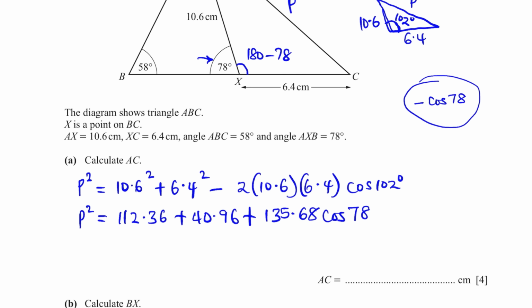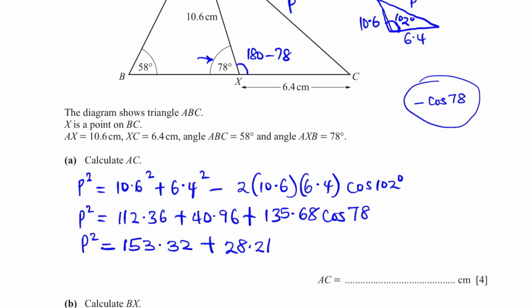Let's tidy this up a bit. P squared is equal to 112.36 plus 40.96. This is 153.32, then plus 135.68 cos 78 is 28.21.